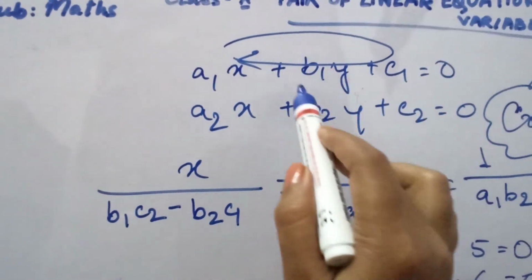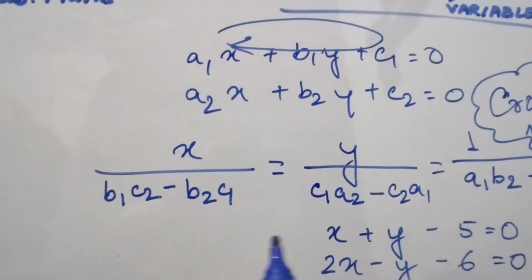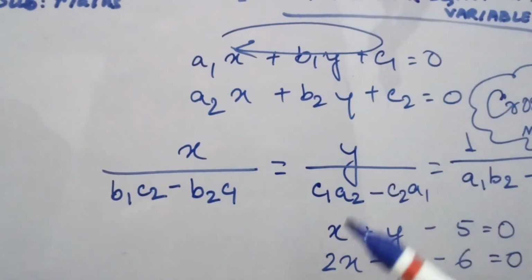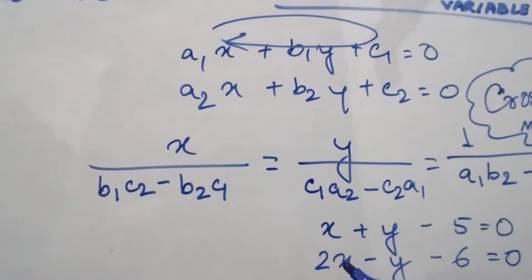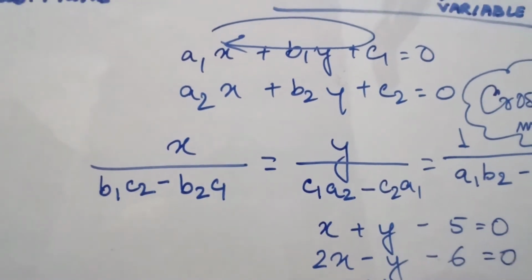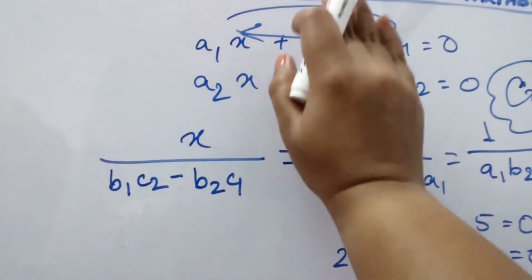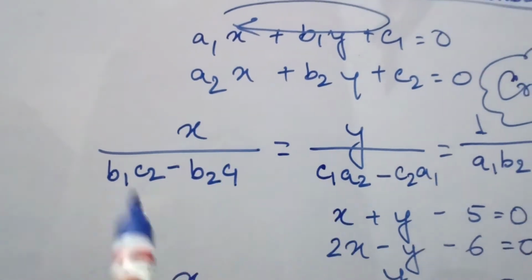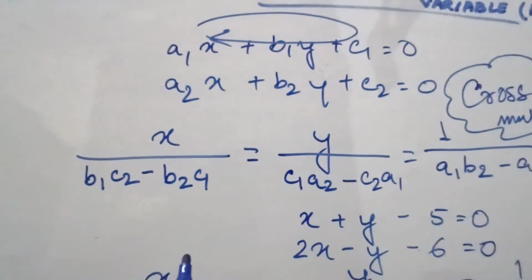Coefficient of the first equation will be multiplied first, and then we'll put one minus sign, and then again the coefficient of the second variable and the constant of the first term. When I am covering this part, I'll not jump to here; I'll always move to the next one. So C1 will be multiplied by A2 minus C2 will be multiplied by A1.